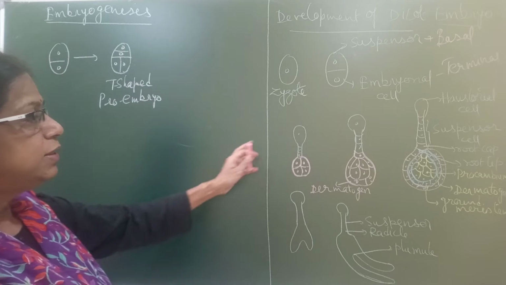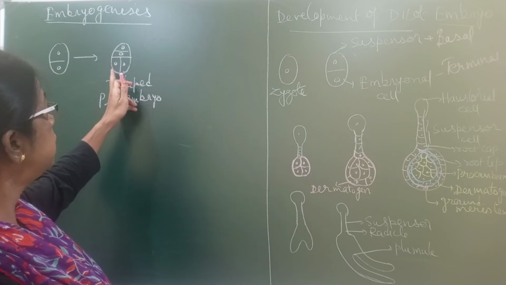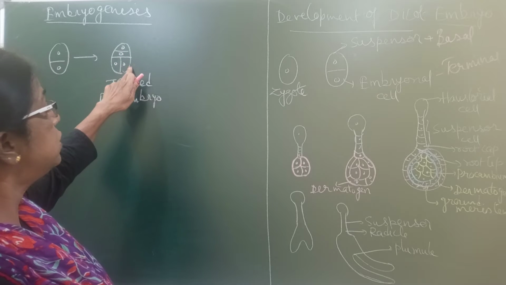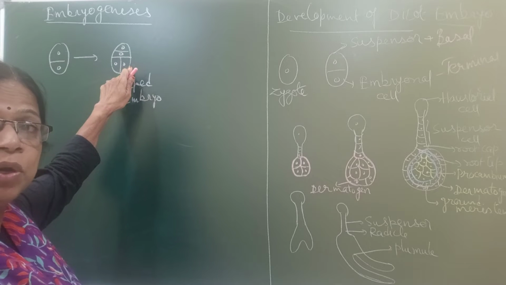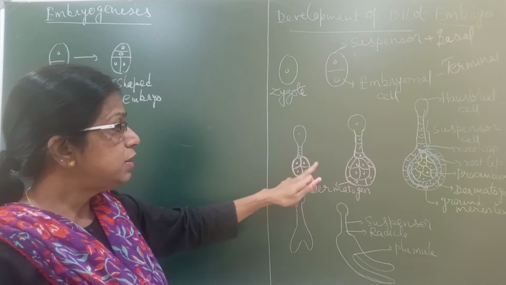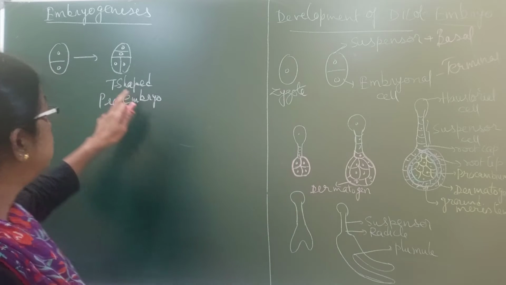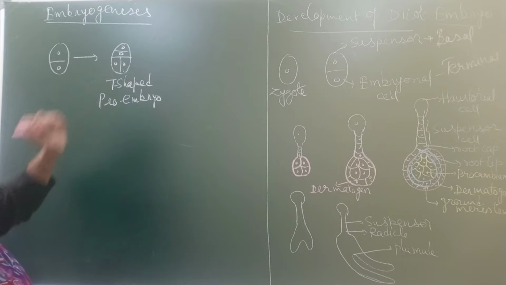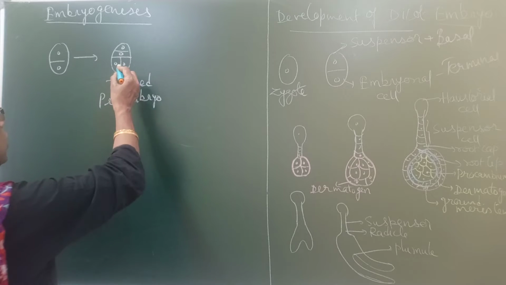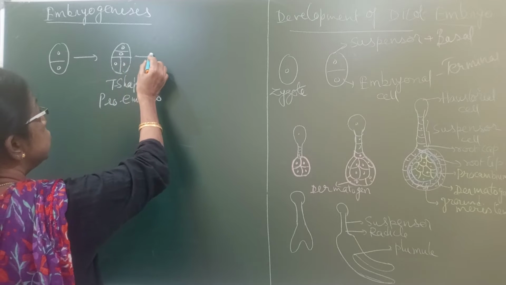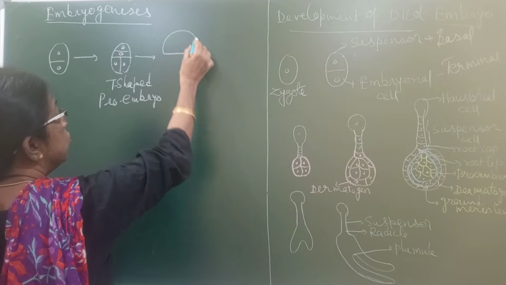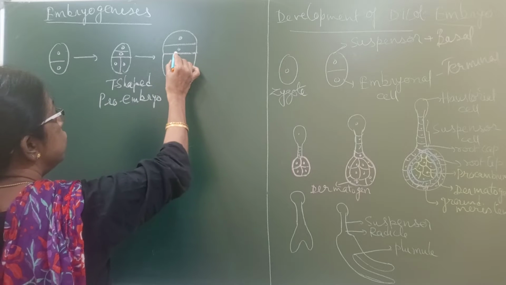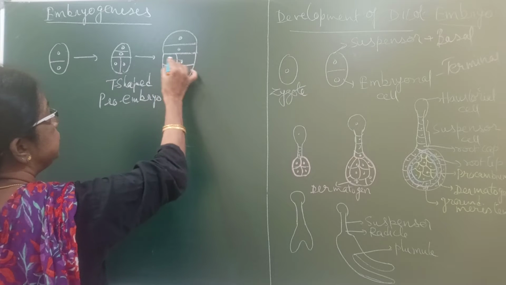Now, in the next stage, only this lower part, that is, the embryonal part, is called the embryo proper. So this terminal cell, which has divided to form two cells, will undergo further development. It will undergo another transverse division to form 4 cells.